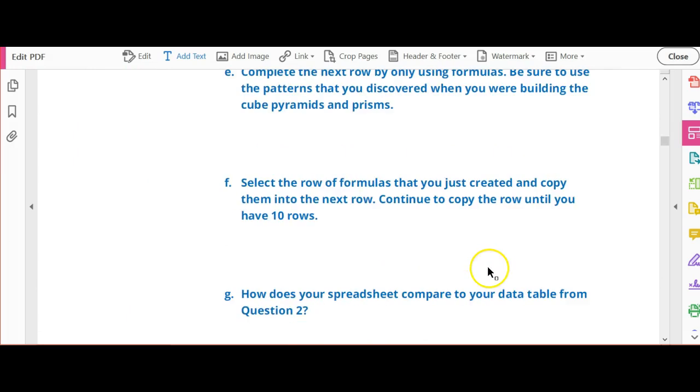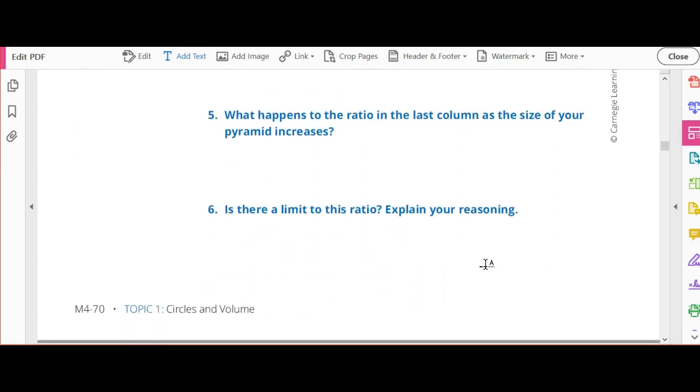So we did the exploration here, and we see that as the size of the pyramid increases, I would say it approaches 0.33, etc. And is there a limit to this ratio? It would appear so, right?